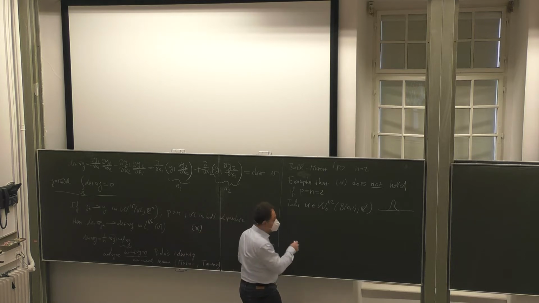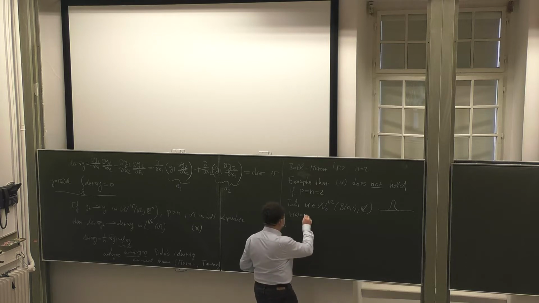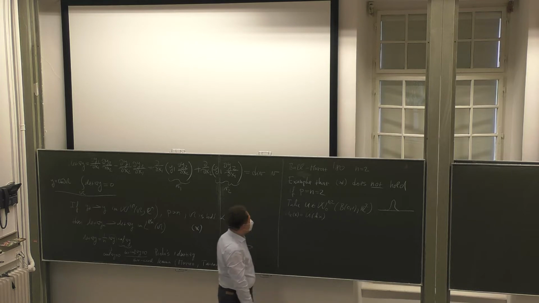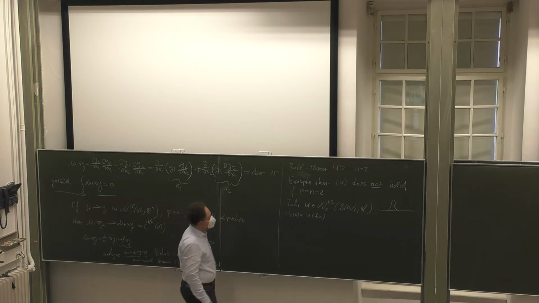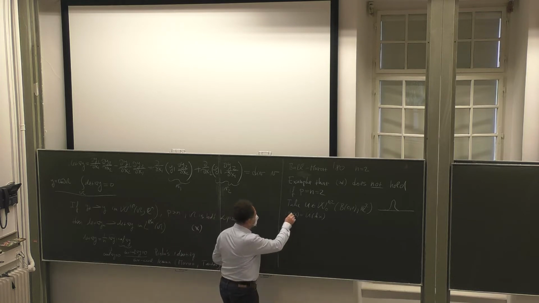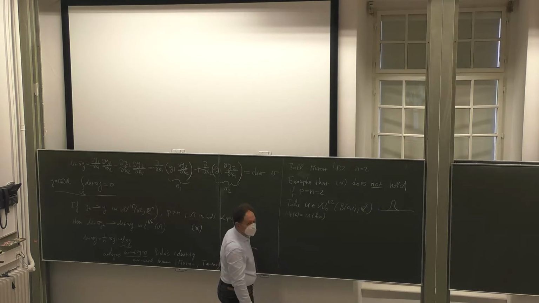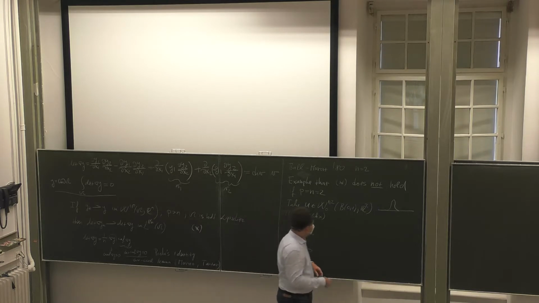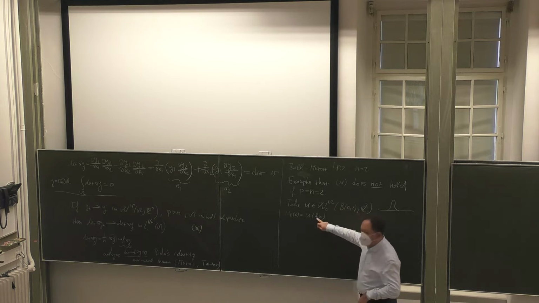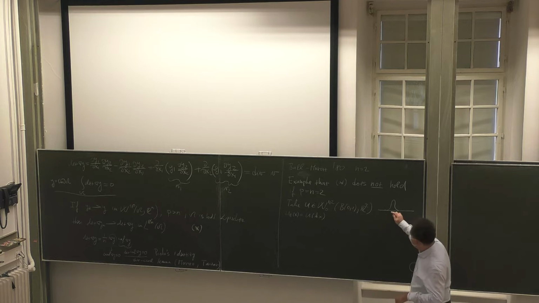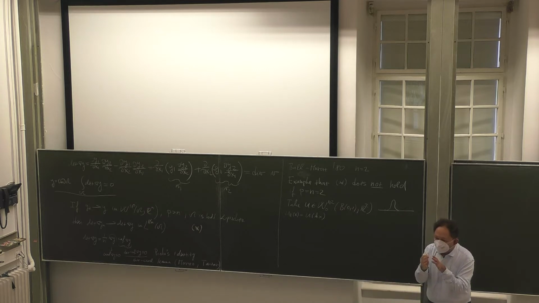Now we construct a sequence, and the sequence is simply u_k(x) equals u(kx). So what does the sequence do? You see there's a k in the argument, so k will go to infinity. So this construction will get smaller and smaller, closer to the origin.